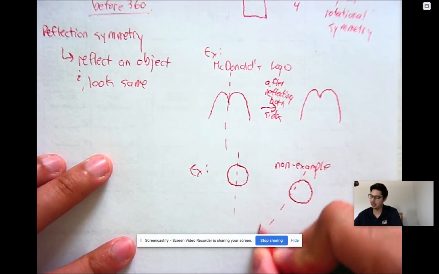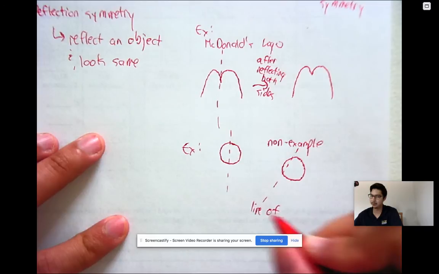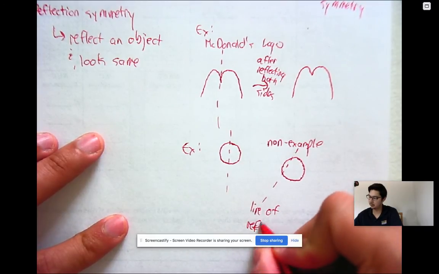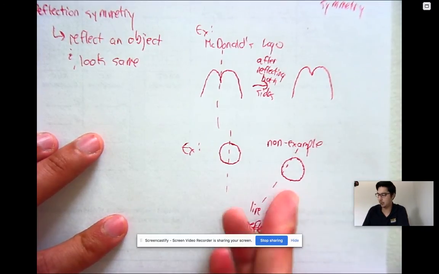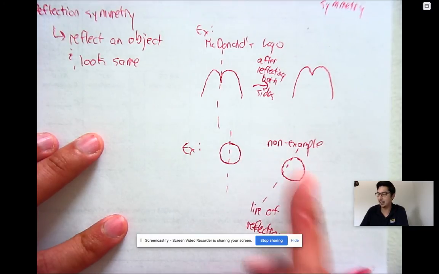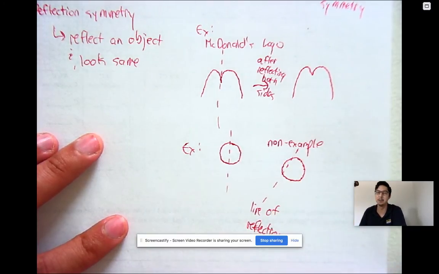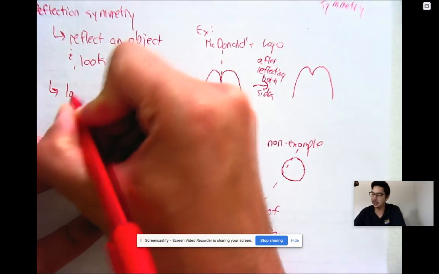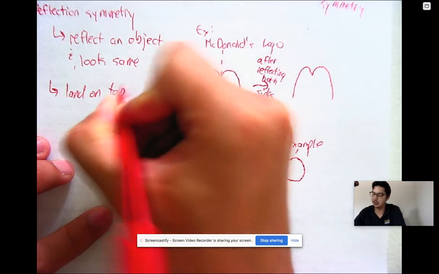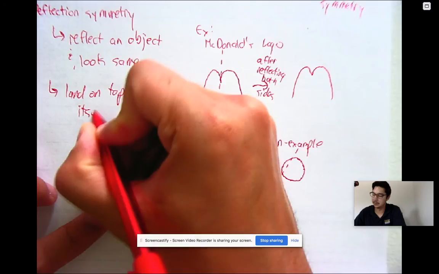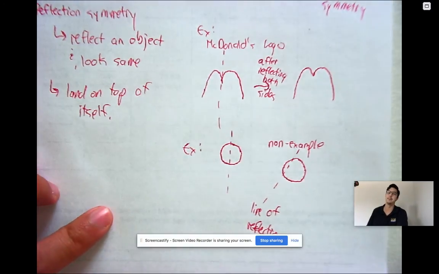If that was my line of reflection, if I flip this circle over to that side and this circle over to that side, it would not land on top of itself, right? The idea is that it has to land on top of itself. And this would not, okay?